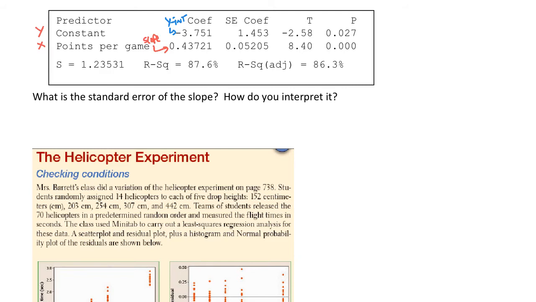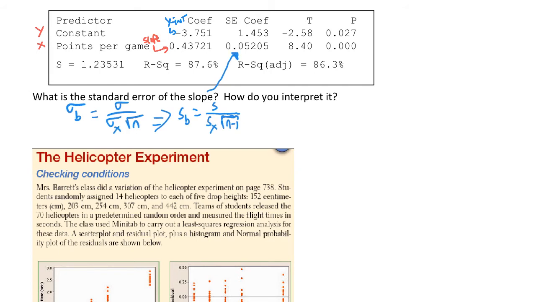If we knew the real sigma, it would be that, but since we don't, we say the standard error of the slope, with an s instead of a sigma, is the standard error of all the y's over the standard error of all the x's, and then it's n minus 1, because of reasons I honestly don't remember right now why it's not still an n. But anyway, we don't have to do that because it's right here. Standard error of the slope is that number right there.